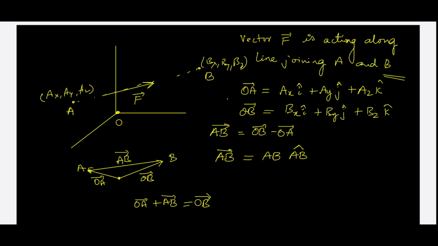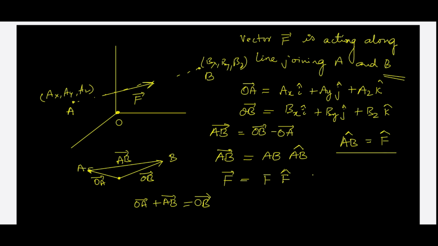And this unit vector is the same as the unit vector along the force. F is force magnitude F times the direction. So now AB cap equals F cap. Both the unit vectors are the same.